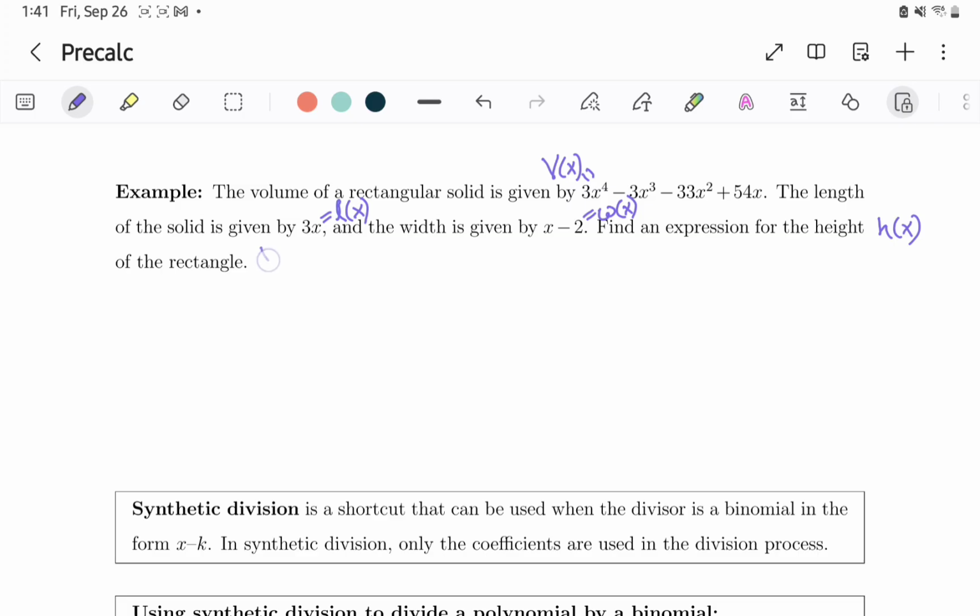And so what's going on here is that v of x, the volume of a rectangular solid, is going to equal the length times the width times the height. So v of x is just going to be equal to L of x times w of x times h of x. And so this is why if we just divide v of x by L of x and then w of x, what remains will just be h of x.